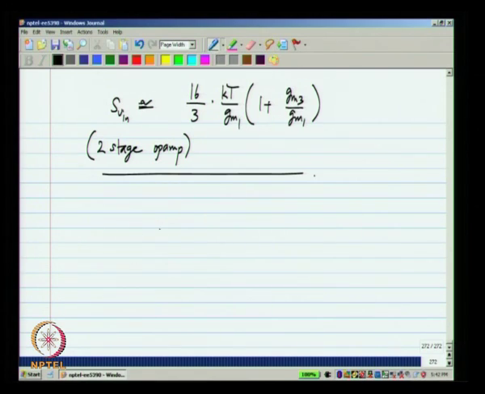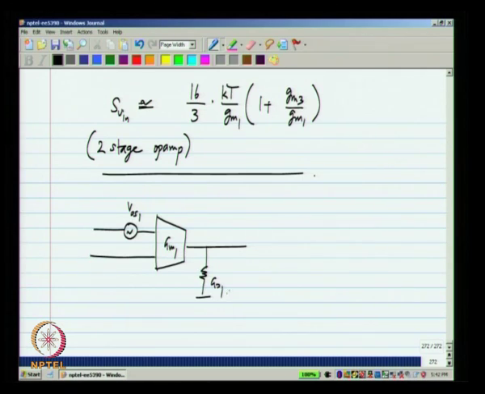Again, let me consider the two stage structure. GM1, let us say I have some VOS1, and we have GO1 over here, and I have VOS2. Offset is by definition DC and I do not have to include any capacitors in the calculation. I have GM2 and GO2.